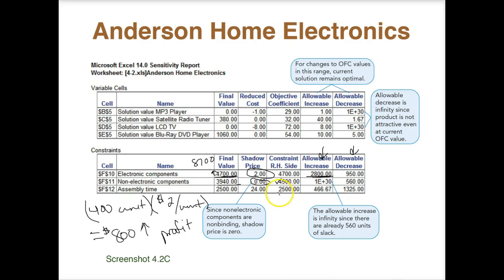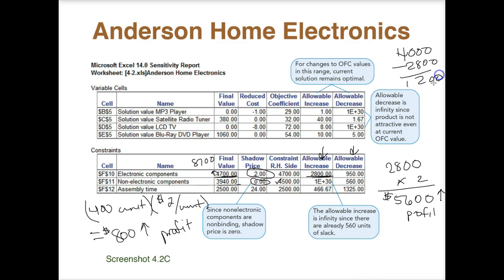So to start off with, we know that if we increased 4,000 units, the first 2,800 extra units, we would multiply that by the $2 shadow price, and we would come up with $5,600. And so we would have $5,600 increase in profit, but for the remaining 1,200, because of course we know 4,000 minus the 2,800 is 1,200.